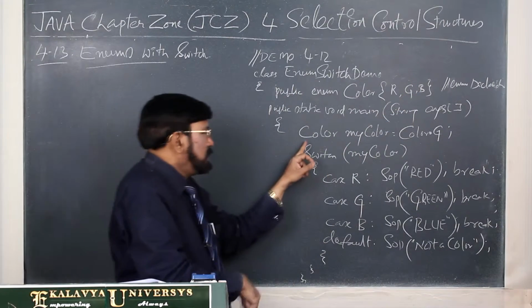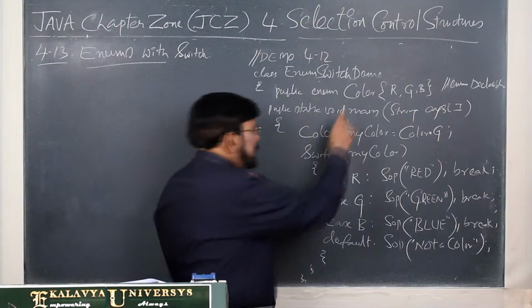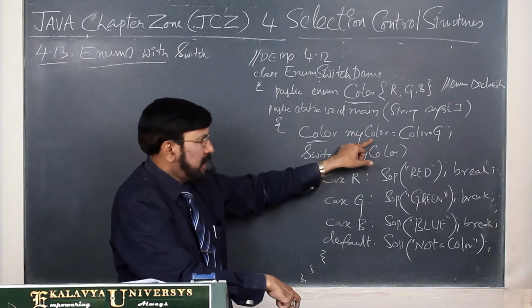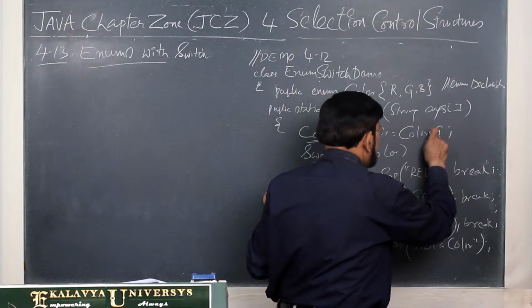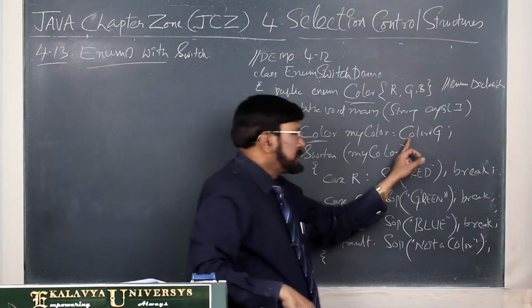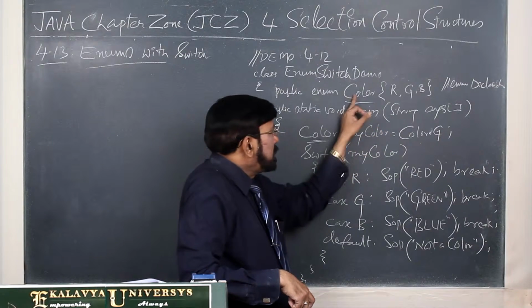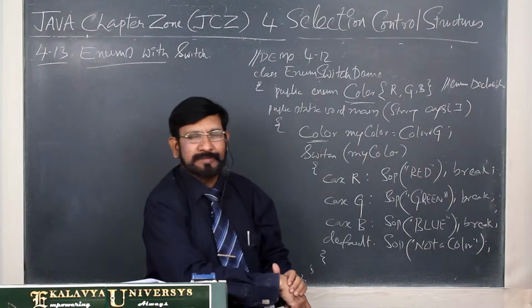Now here Color is the enum type, the data type, and I have defined myColor and initialized it with Color.G, just to understand the syntax.